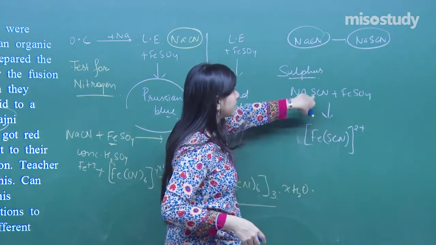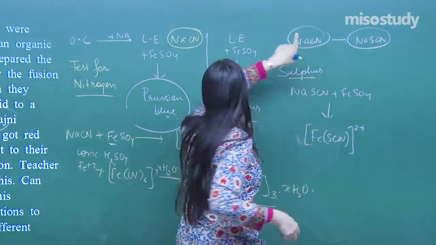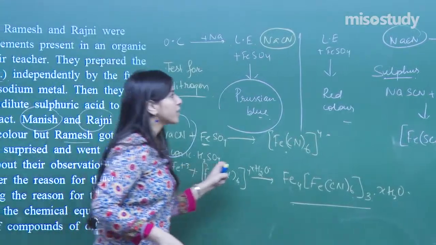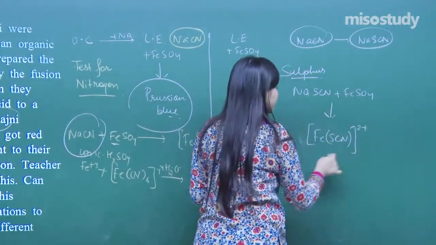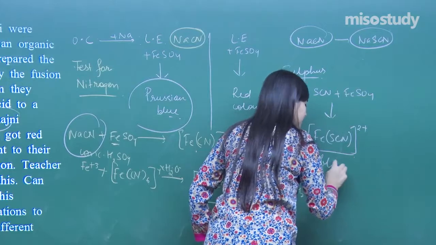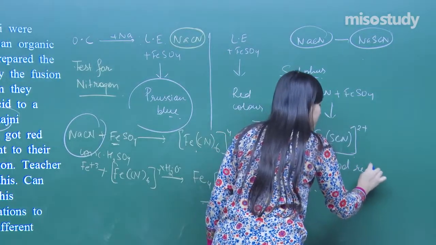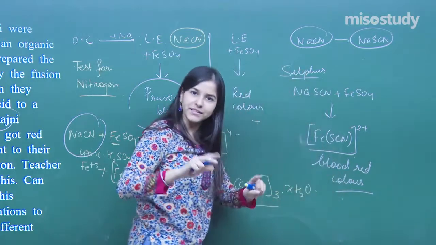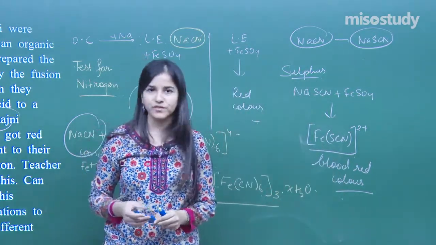Because the sulfur has hindered, instead of NaCN we are formed with NaSCN, which has formed this blood red colored compound, and due to which there were different observations in both of the cases.